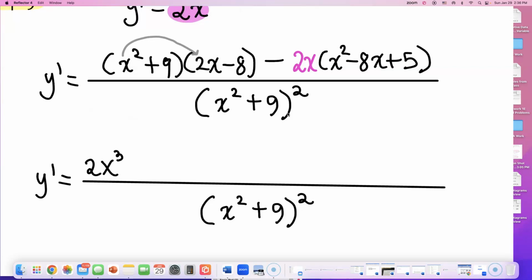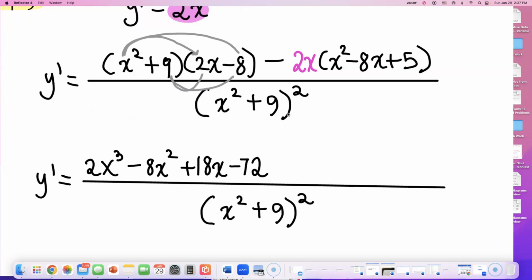What's next? X squared times negative 8, minus 8x squared. Let's do the inner. 9 times 2x is 18x. And last, 9 times negative 8, minus 72.